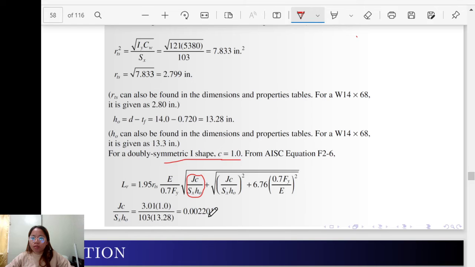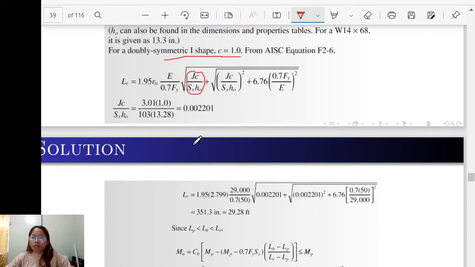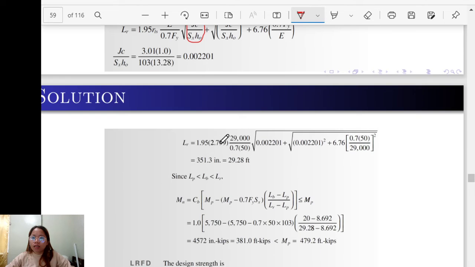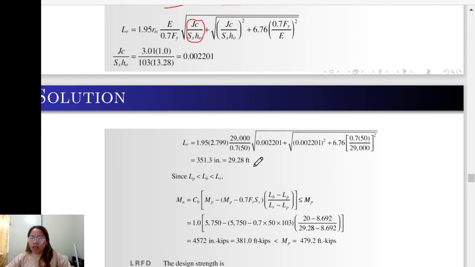This is equal to 0.002201. Substituting this value to the formula, no? Then you can get that the L sub r, or the limiting length for the elastic region, is 29.28 feet.